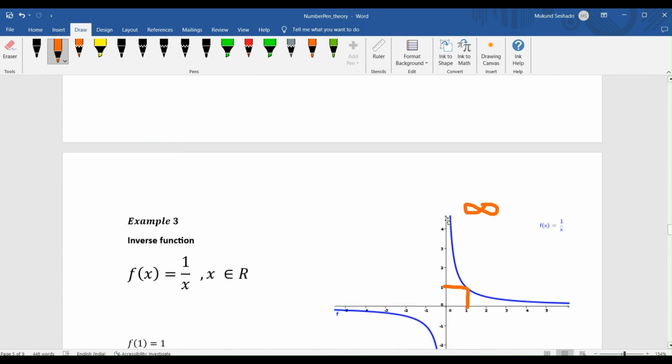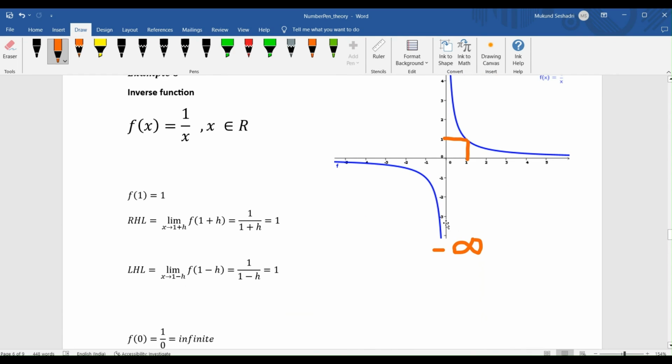And we come here where we realize that the function is continuous at all points other than 0, and the reason it is discontinuous at point 0 is because for values greater than 0, this function tends to positive infinity, and for values less than 0, this function tends to negative infinity, right? So I hope you have a basic understanding of what's a continuous function and why do we call a certain function continuous at a point x equals a, right?